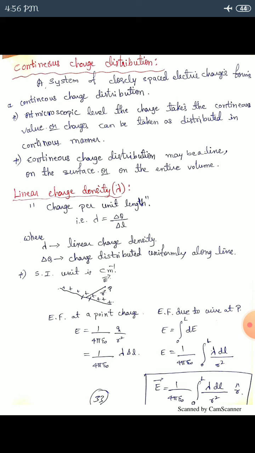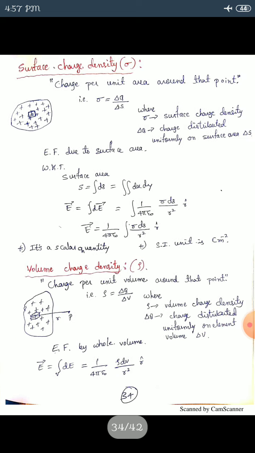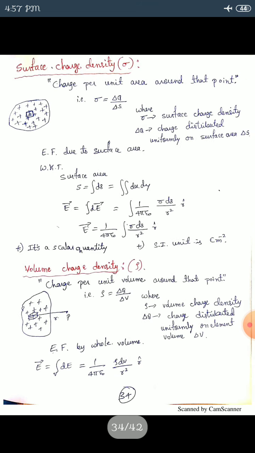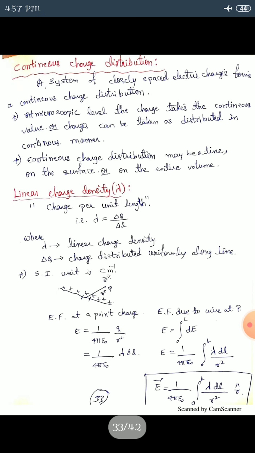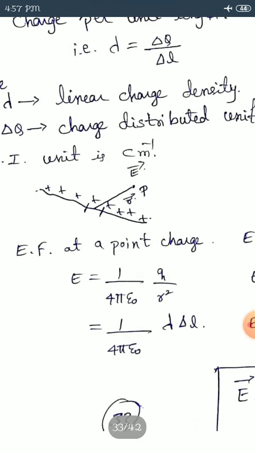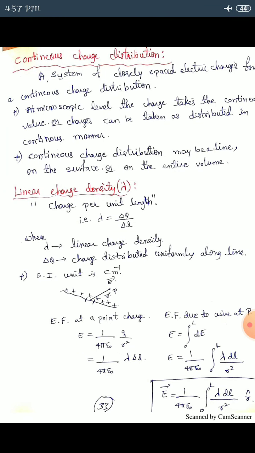Okay? So on the basis of the flow of charges, we have divided continuous charge distribution into three formats: linear charge density, surface charge density, and volume charge density. In the last class we discussed linear charges. If charges move in a linear form, along lines, then we consider them as a linear charge density.